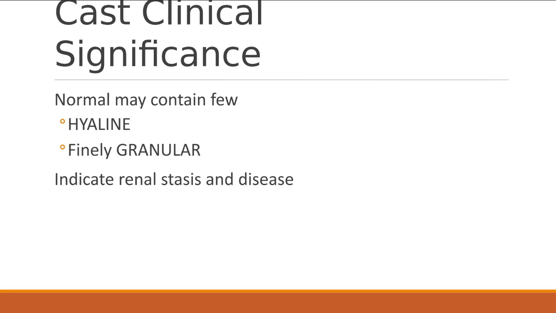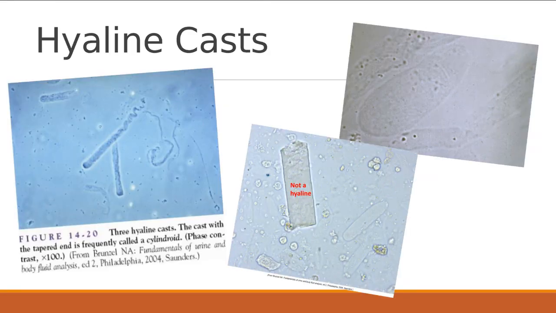So they're not clinically significant. A lot of their results look like they would be abnormal, but it's really not, especially protein too. So these are hyaline casts. These are round on the end.